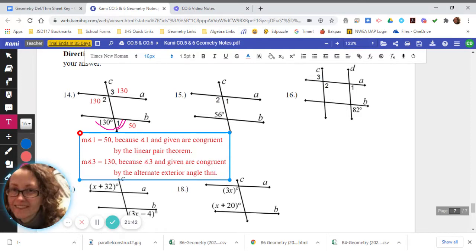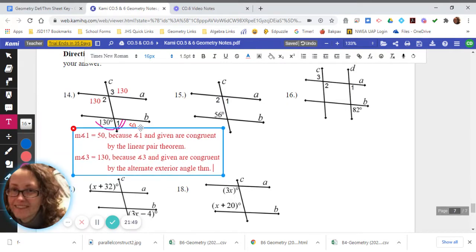And I just abbreviate theorem THM. We're going to be using it a lot, so it's helpful to get some working abbreviations because this can be a lot to write. So my next one is the measure of angle 2.